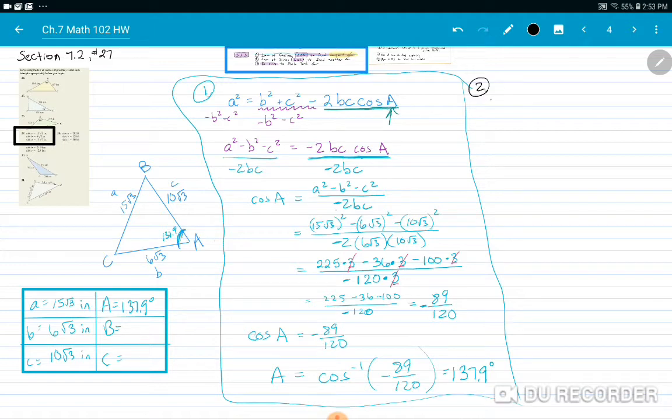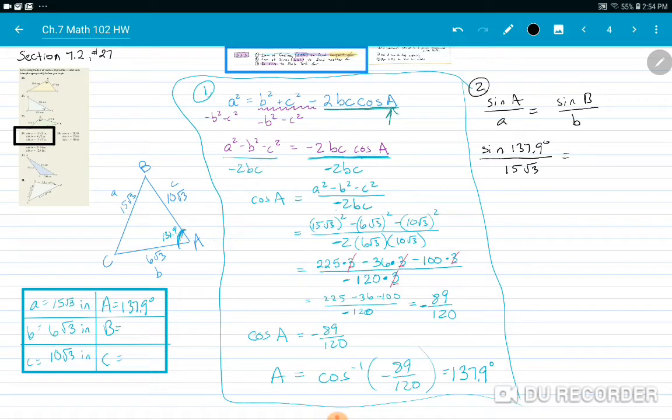So I'll do sine of A is to A as sine of, again, it doesn't matter if I use B or C at this point. So I have sine of A is sine of 137.9. And side A is 15 radical 3.